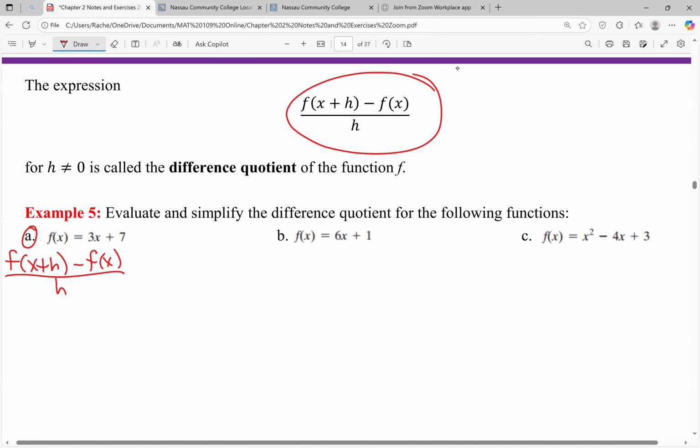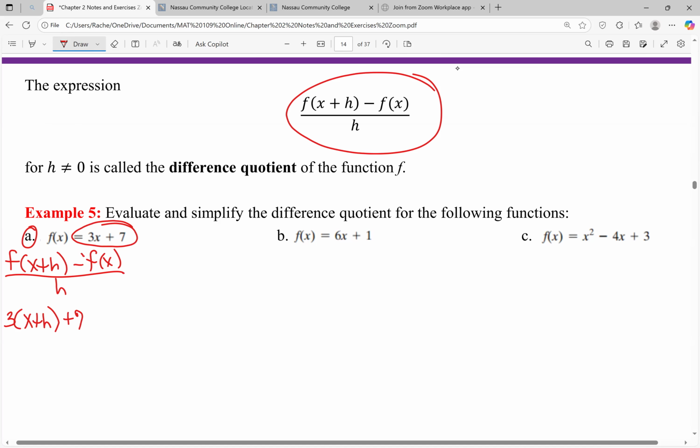So wherever we see an x, we're going to replace it with x plus h. We take f of x, which is 3x plus 7, but input x plus h first. So we have 3 times x plus h, plus 7. This is f of x plus h right here.